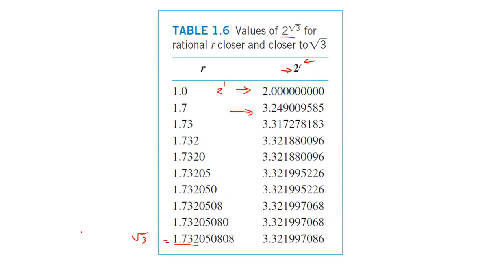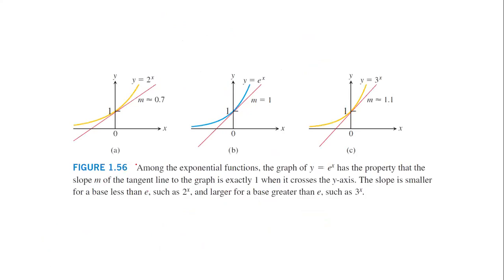Okay. Let's get to the next. Over here, this is 2 to the power x, and this is e to the power x, and this is 3 to the power x. Okay. Now we look at their slopes. The slope at 1 of 2 to the power x is equal to 0.7.